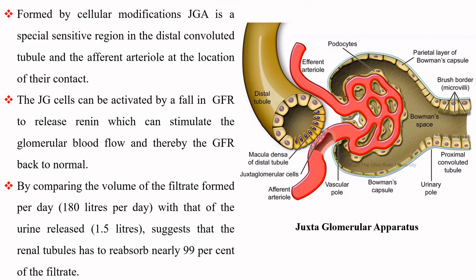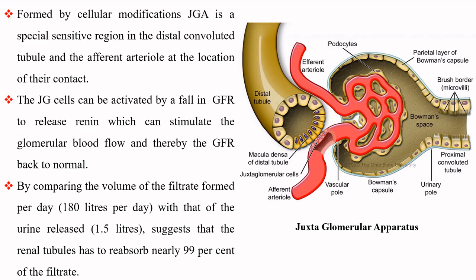Formed by cellular modifications, JGA is a special sensitive region in the distal convoluted tubule and the efferent arteriole at the location of their contact. The JG cells can be activated by a fall in GFR to release renin, which can stimulate the glomerular blood flow and thereby bring the GFR back to normal.